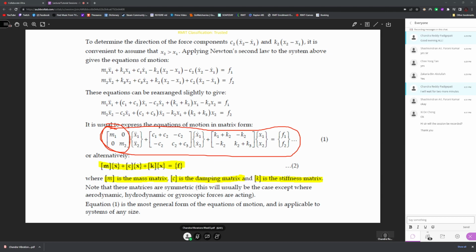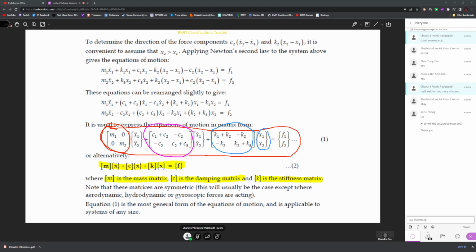So followed by you have the damping matrix. Okay, C1 plus C2, minus C2, then minus C2, then you have C2 plus C3. So followed by the velocity matrix X1 dot and X2 dot. Then plus followed by the stiffness coefficient matrix. Okay, so this one is the stiffness coefficient matrix multiplied by the displacement matrix.